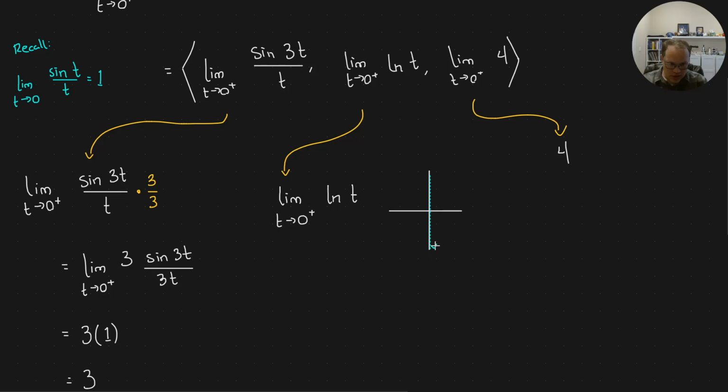It looks kind of like this. We're interested in the limit as t gets closer to 0 from the right side. So the right side's over here, and we want to get closer to 0. So as I get closer and closer to 0, what's the output value, the y value getting closer to?